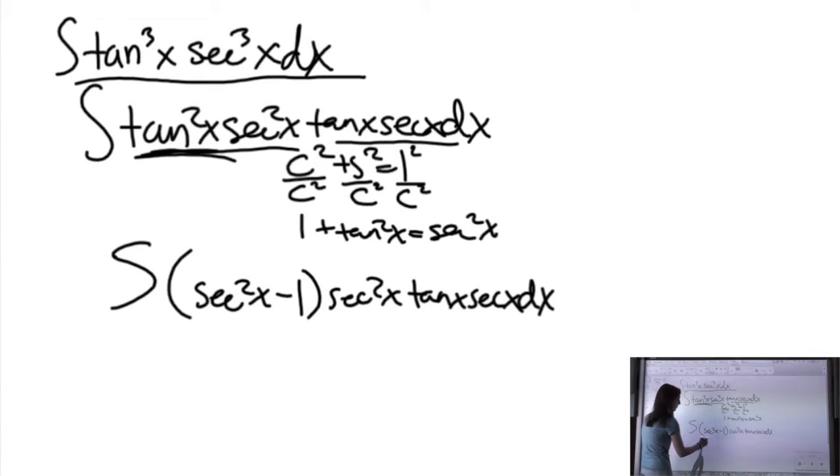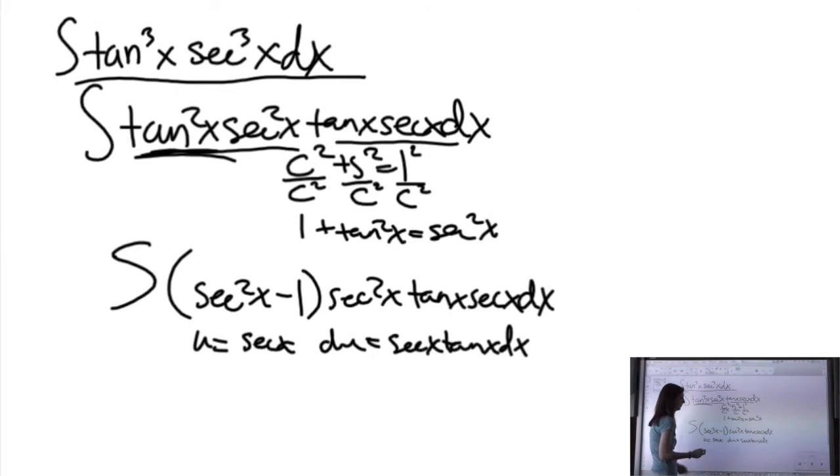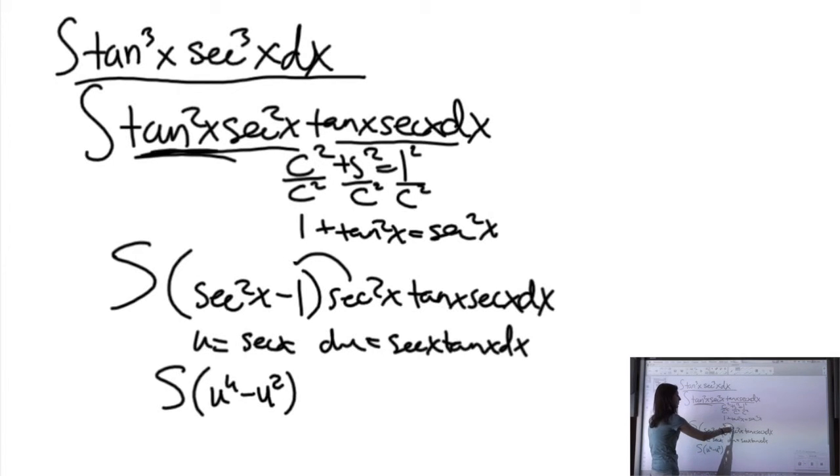Now we can do a u sub and make u equal to secant x and du equal to secant x tangent x dx, which is the same thing, I just multiplied them in the opposite order. So we can change this to u to the fourth minus u squared, right? Because it's the same as its derivative property.